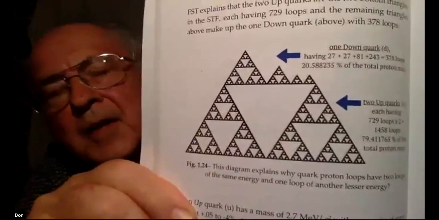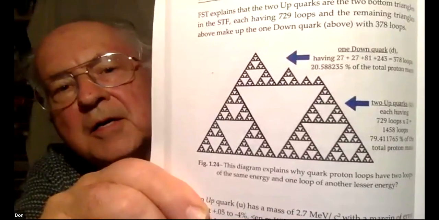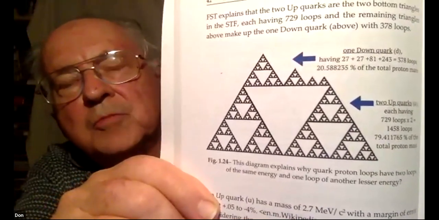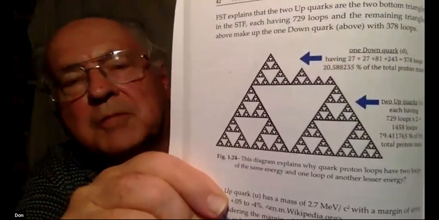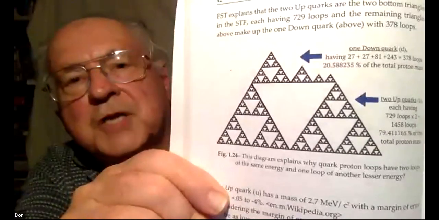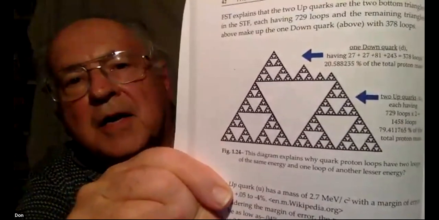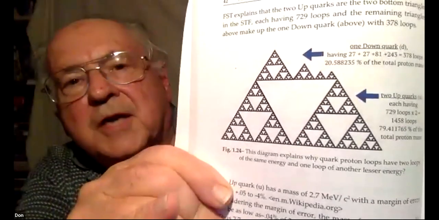Here we see I've taken away a certain number of the loops in that triangle. So I've got 2 at the bottom, which are the same, and then another set at the top.